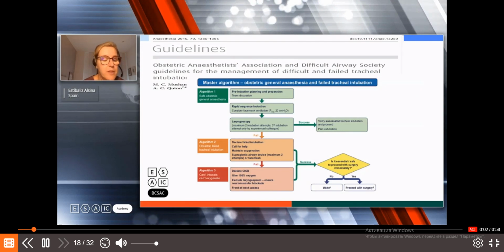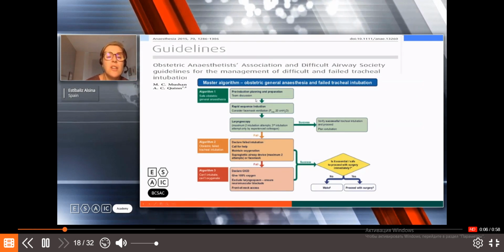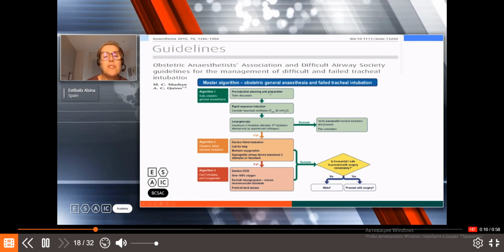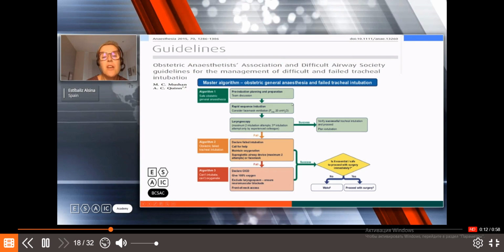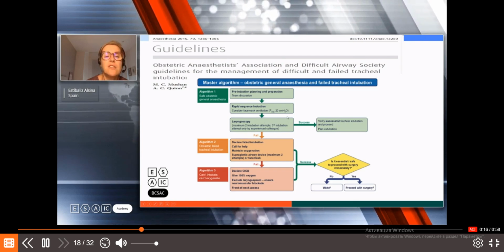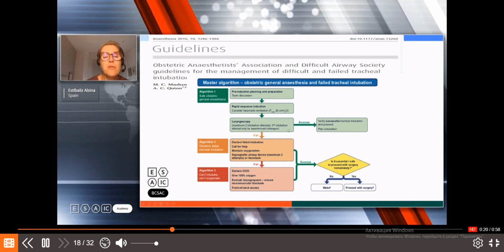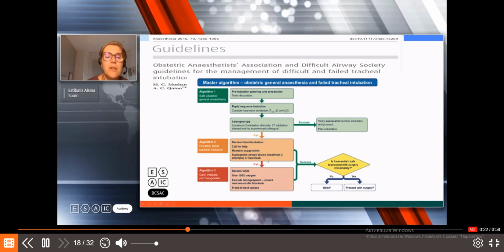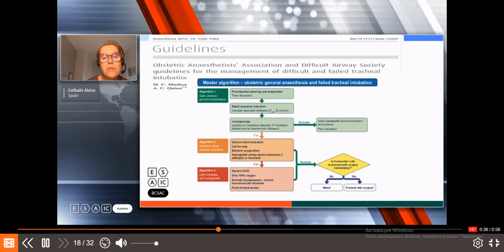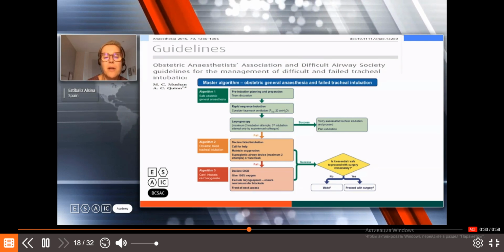And when we face a difficult airway situation, the first part is, as we say, the pre-induction preparation, the oxygen, the pre-oxygenation, and laryngoscopy. After 3 attempts, we have to declare failed intubation, and we have to use a supraglottic airway device, although we know that it's a full stomach and we can have problems with bronchoaspiration.